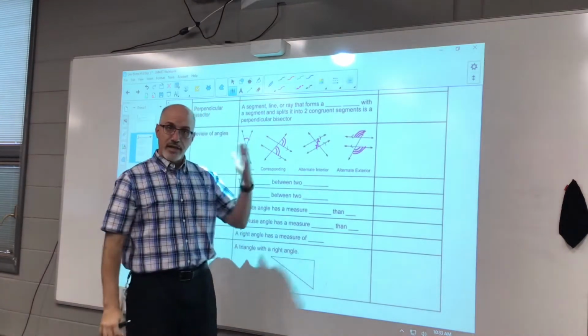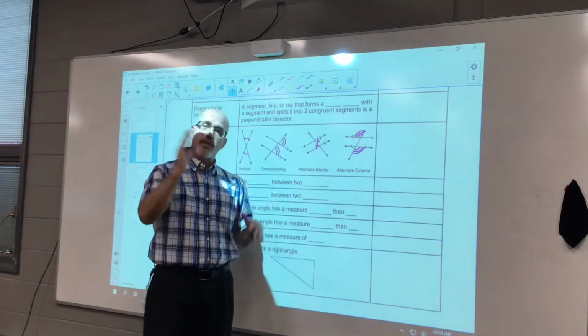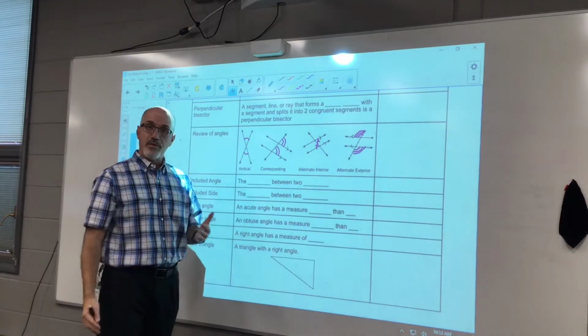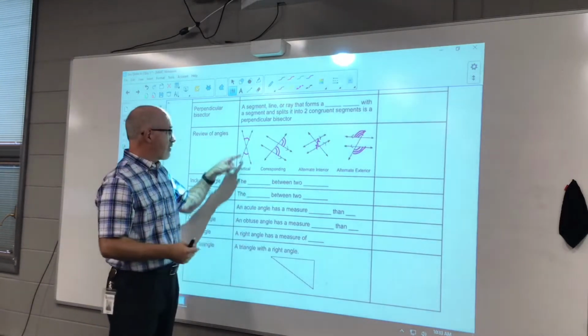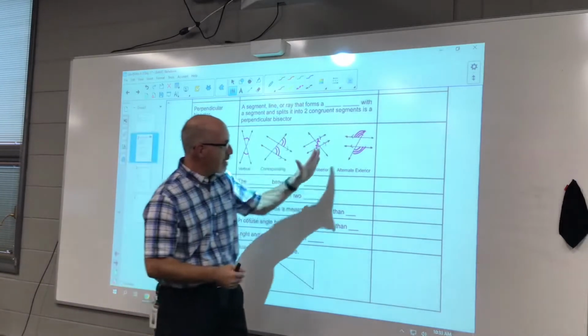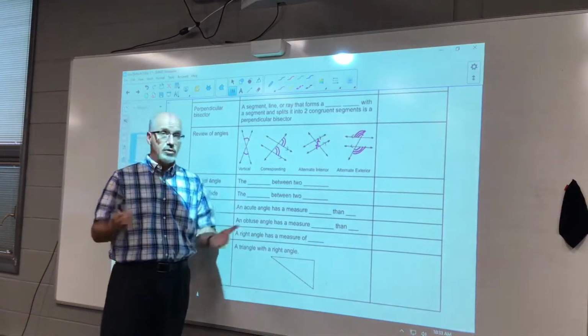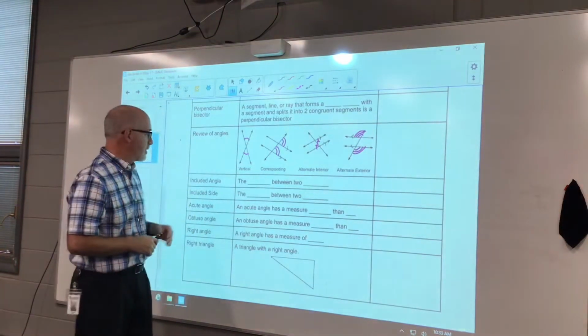Because those are on the exterior of the two, but on the other side of the transversal. So just a reminder, those are ones that we've dealt with before. Those are congruent. When you have vertical angles here, if you have parallel lines, you've got several congruent angles. We'll use that because we'll need congruent angles in some of our proofs.